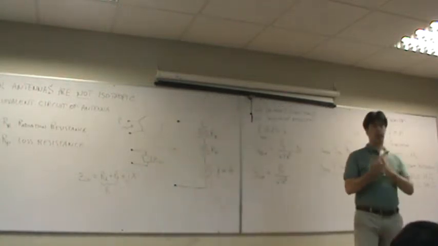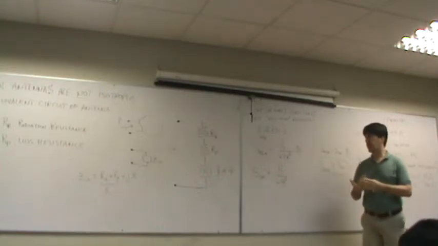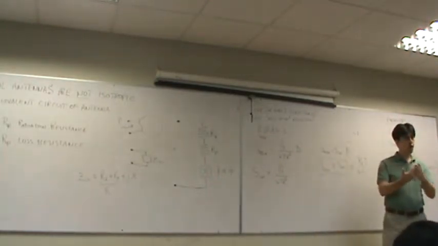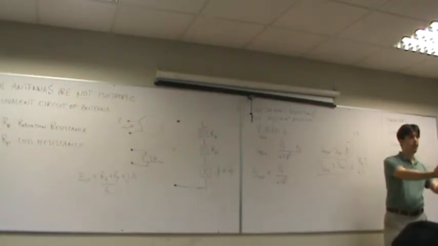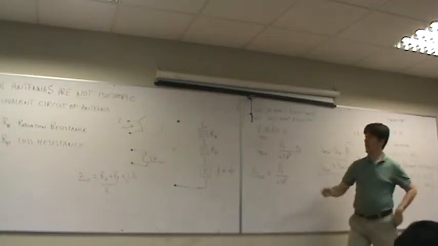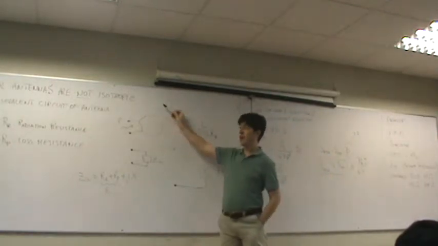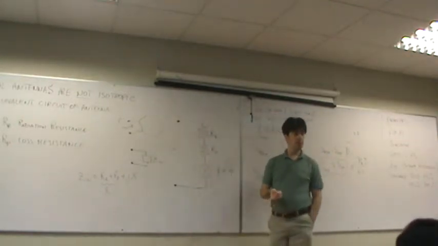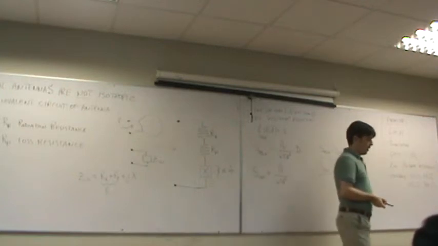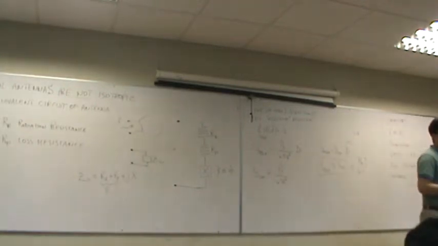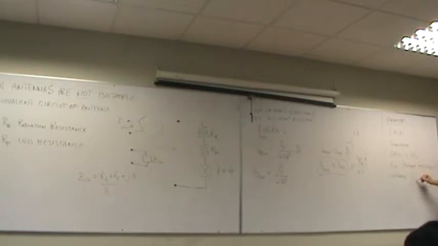In the best case, there is a mismatch, so some of the power from the transmitter bounces back to the transmitter. So the radiated power is even lower. In the worst case, you can damage the transmitter, but that's another story. Usually you work with matched impedance. 50 ohm.